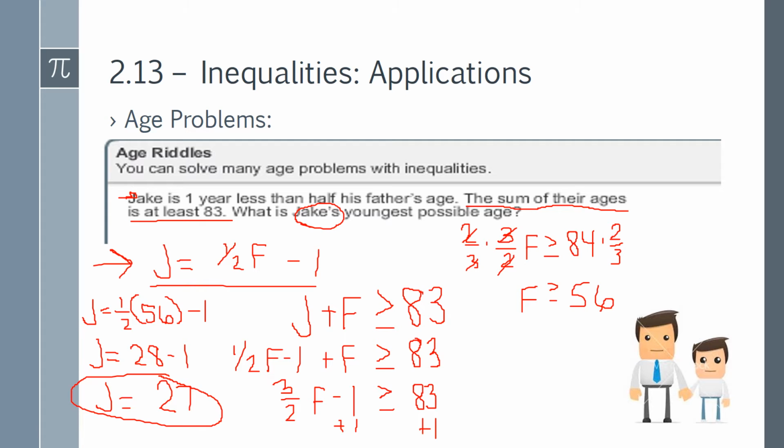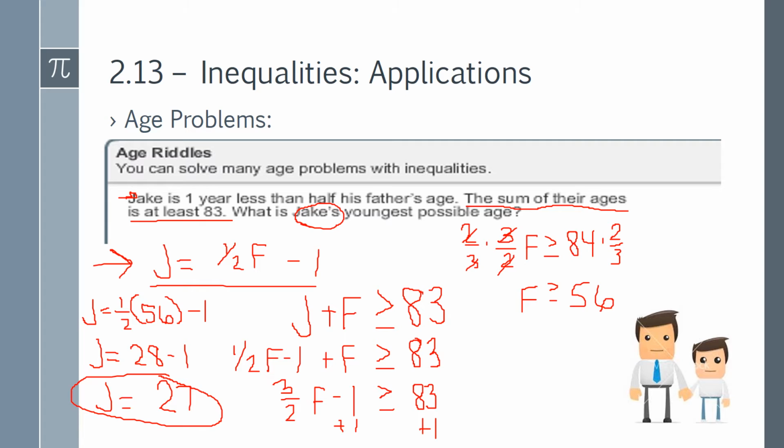Because think about it, if Jake is 27, then his dad is 56. 27 plus 56 is 83. And we were looking for numbers equal to 83 or greater than 83. So if Jake was 26, if he was 1 year younger, think about how old his dad would be. If Jake was 26, his dad would be 54.